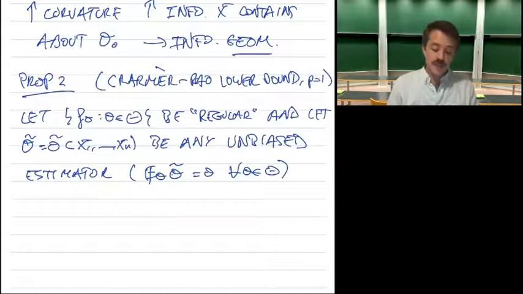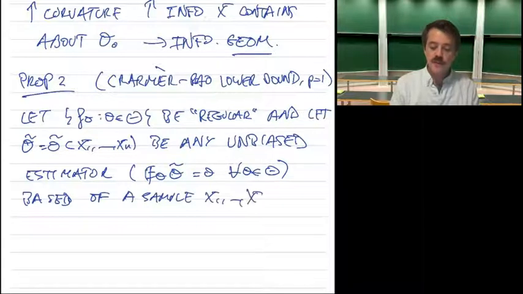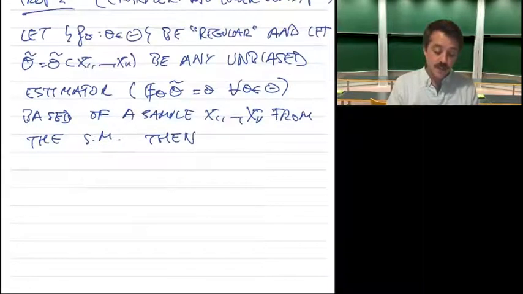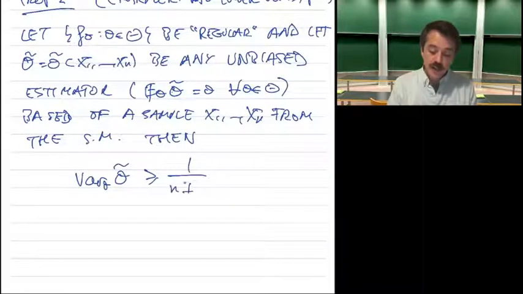then, well, this being an estimator based on a sample x1 to xn from the model, of course, we have the following inequality. We have that the variance of this guy is always going to be lower bounded by 1 over n I of theta.